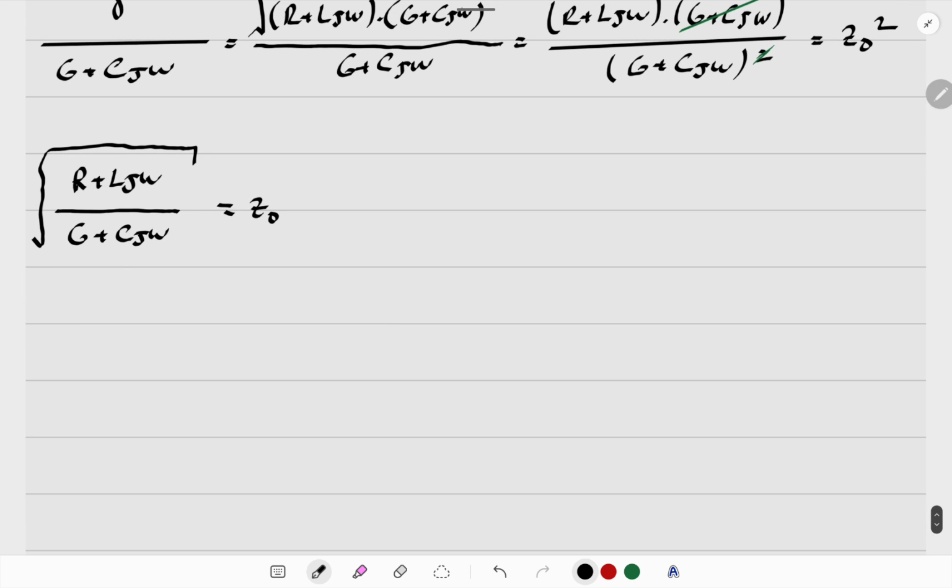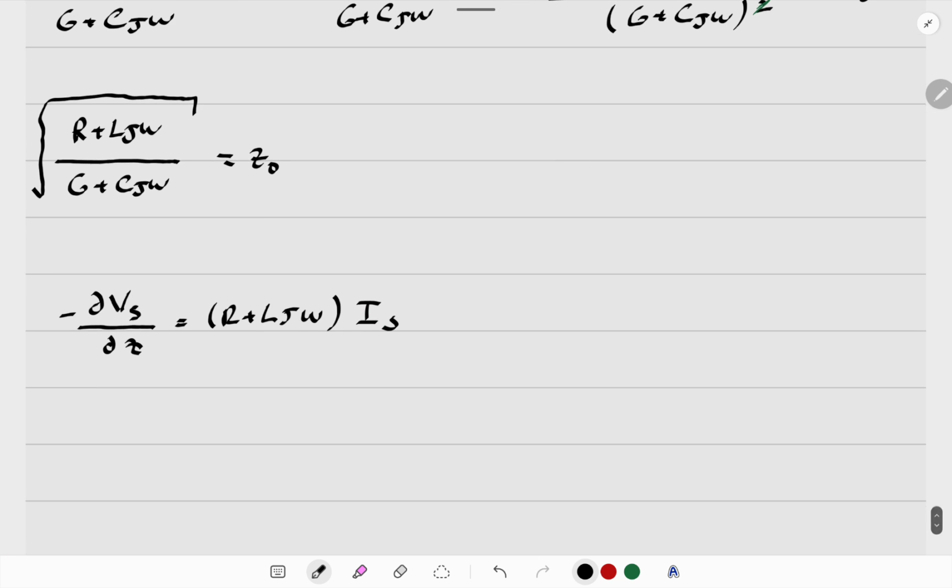Let's remember that it was minus del Vs divided by del z equals r plus lj omega times Is. We know that Vs consists of V0 plus e to the minus jβz and V0 minus e to the jβz.